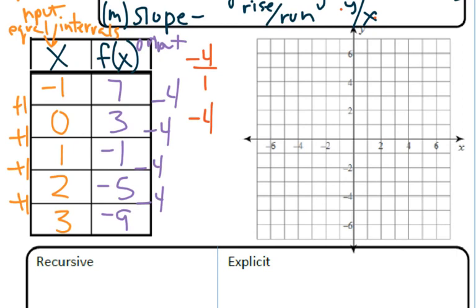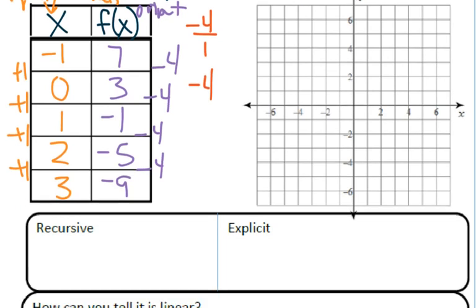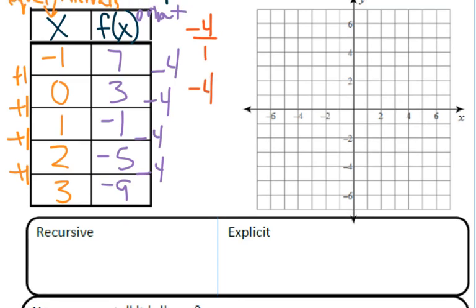Now let's graph this guy. When we're graphing a linear, it probably helps to remind ourselves of the equation. An explicit equation in linear is y equals mx plus b. We can also write it y equals b plus mx, or even change the y's to f of x's.